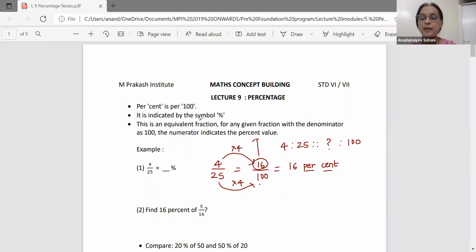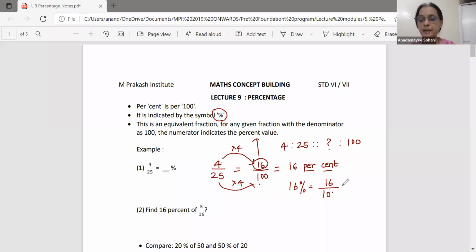So percent is nothing but fraction with denominator 100 and it is given by this sign. So when I say 16%, it means nothing but 16 per, per is the line, cent is 100.